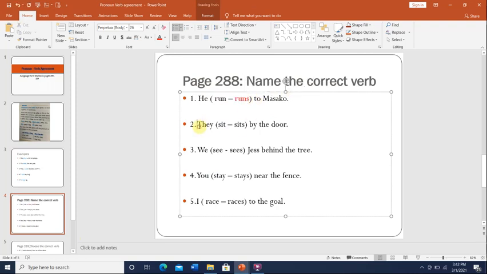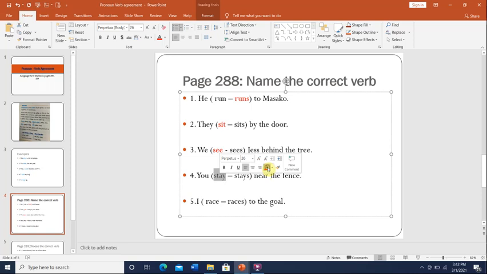Number 2, they sit or sits by the door. They, it's more than one. So they sit. It's plural. We do not add an s to the verb. Number 3, we see or sees just behind the tree. We is more than one person, so we use the verb without the s. We see just behind the tree. Number 4, you stay or stays near the fence. You can be one person or more, so you stay near the fence.